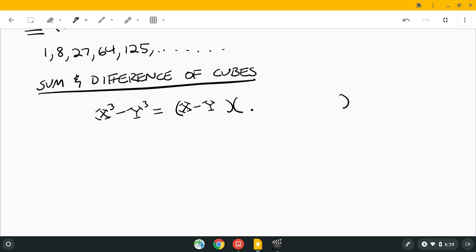So the formula to find the first term is to square the x, whatever the x is, right? The way you find the middle term, by the way, it's going to be positive. And the way you find your middle term is by taking the product of x and y.